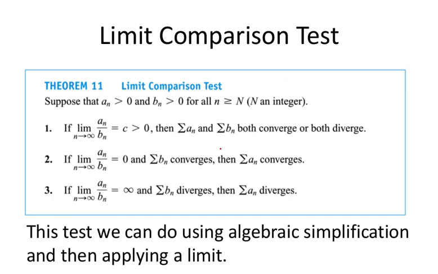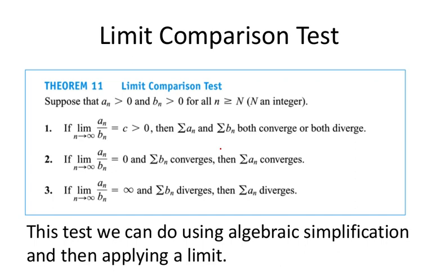Because if b of n is becoming large with respect to a of n, and the denominator is becoming huge, then for sure the series a of n would also converge.